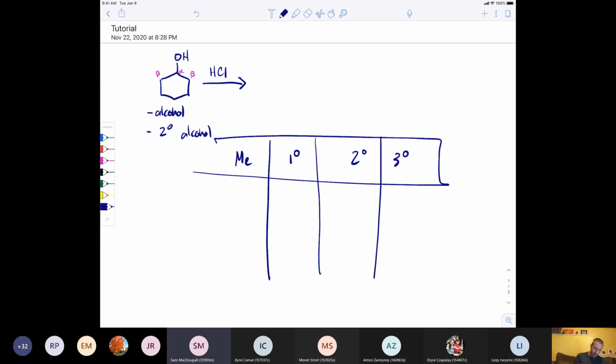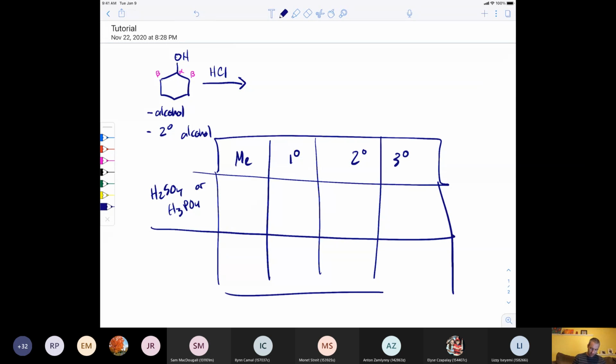In terms of conditions, there are only 2 sets we would give you. The first set is H2SO4 or H3PO4. The second set would be HX, like HCl, HBr, HI, one of those 3.